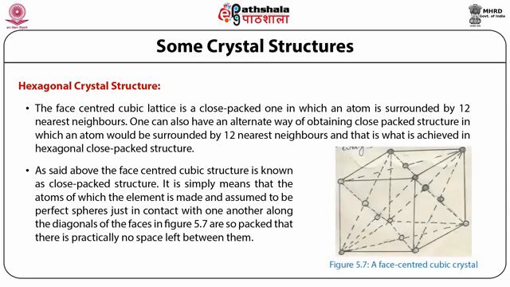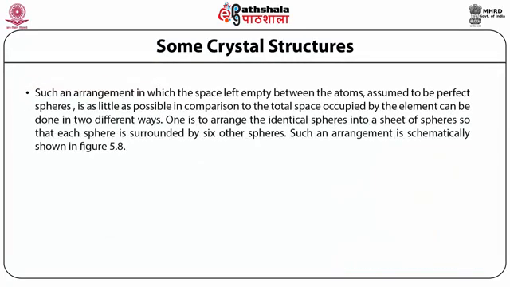In figure 5.7 they are so packed that there is practically no space left between them. Such an arrangement, in which the space left empty between the atoms assumed to be perfect spheres is as little as possible in comparison to the total space occupied by the element, can be done in two different ways.